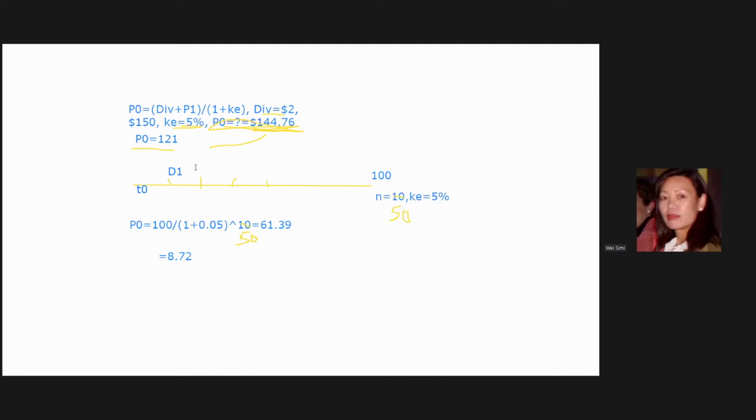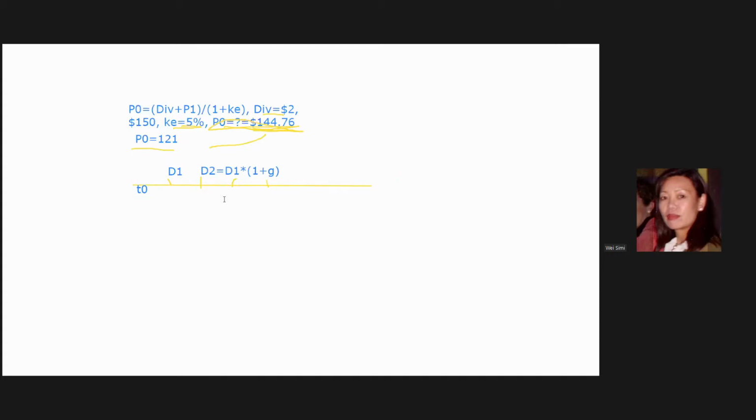So dividend 1, then dividend 2 equals dividend 1 multiplied by 1 plus G, the growth rate. That's what he assumes, constant growth. Same thing, you can figure out dividend 3. Let me ask you, what can dividend 3 be?